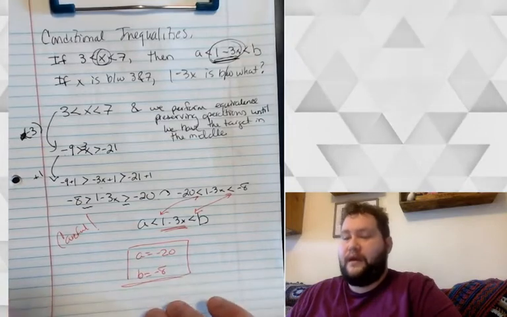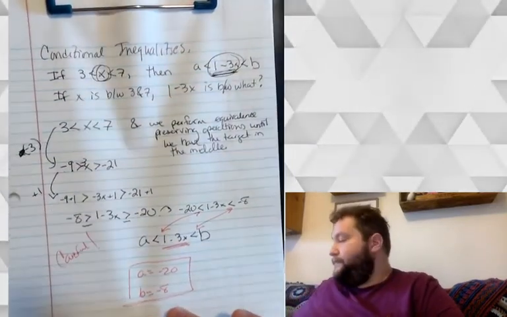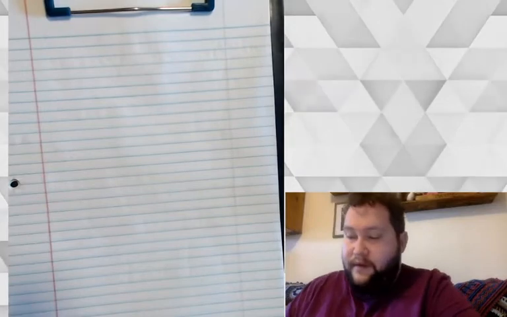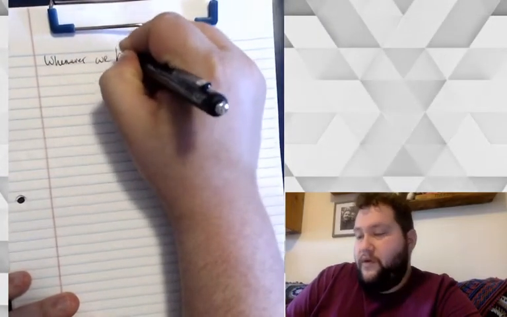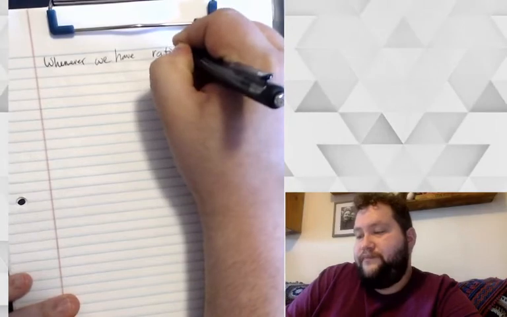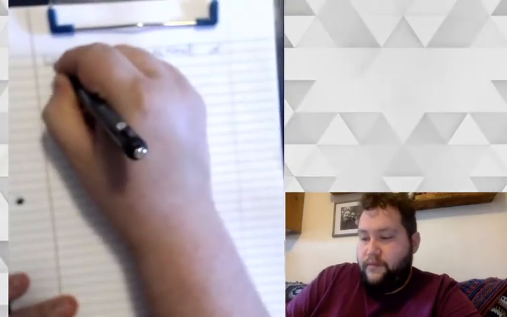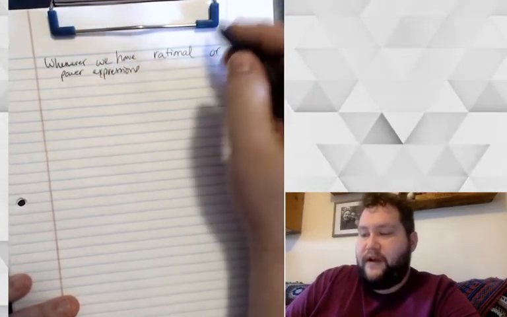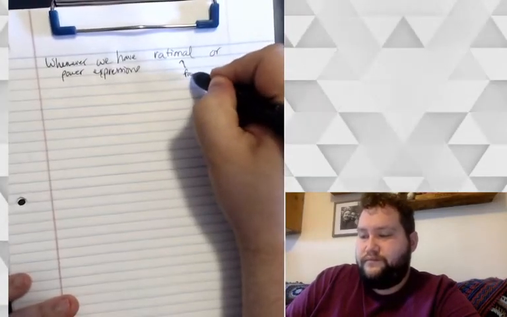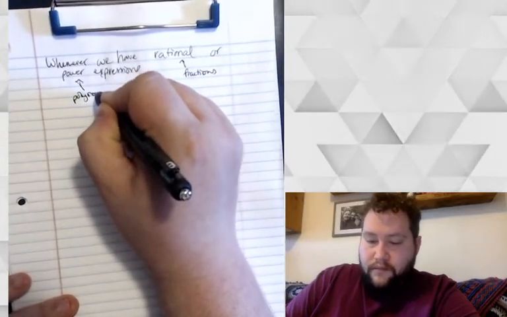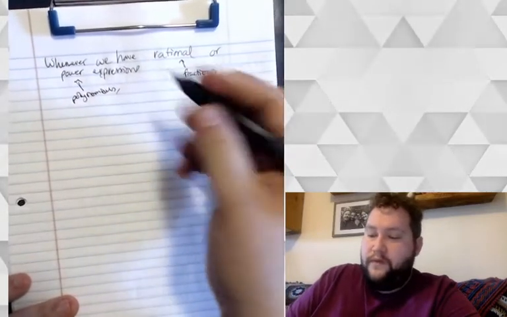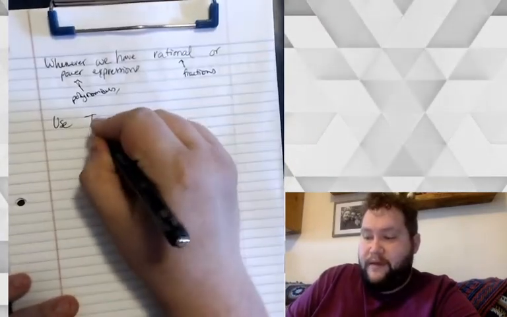Now we only have one other type of problem to look at. Whenever we have rational or power expressions, so for example if we have fractions or polynomials, we're going to use the test point method.